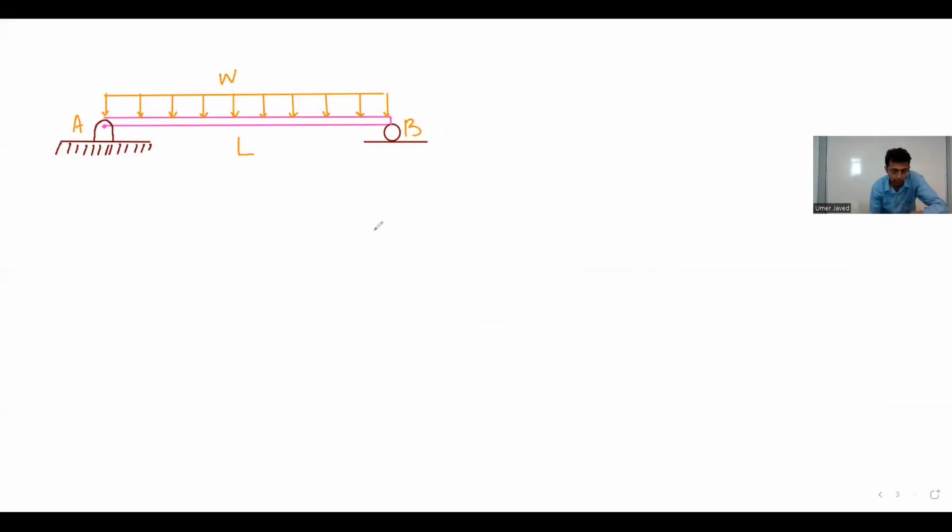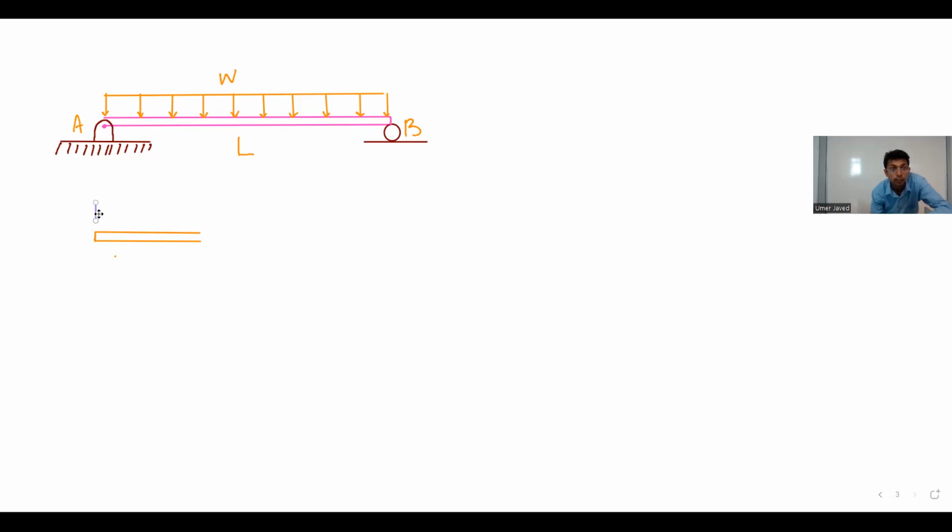So the number one thing in equation 3 is the moment, right? If I need the moment, I will draw the free body diagram for a little section. So I make the cut. My X is defined from here.